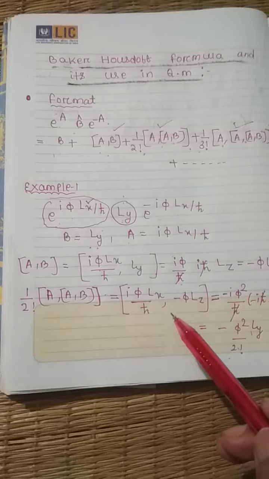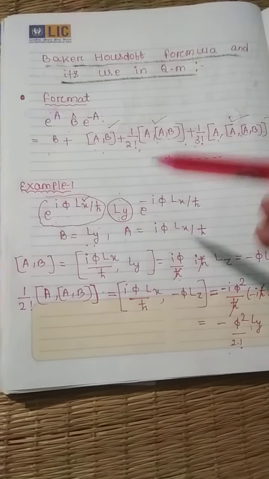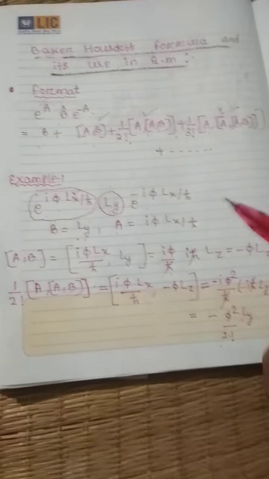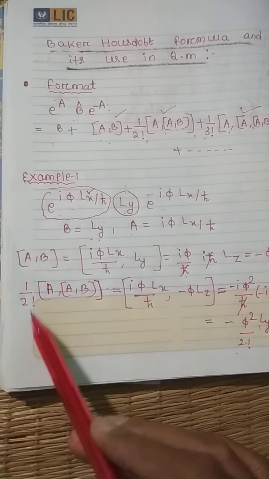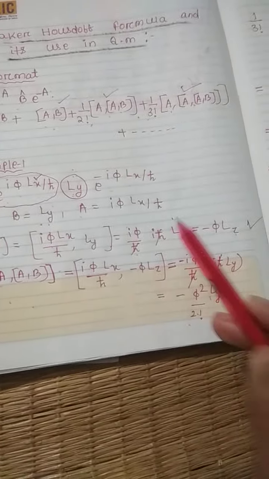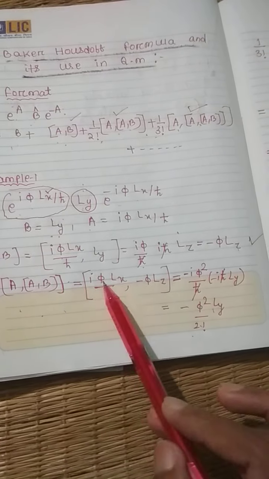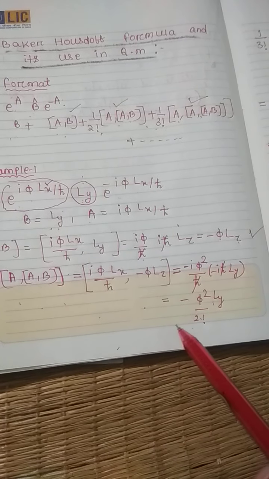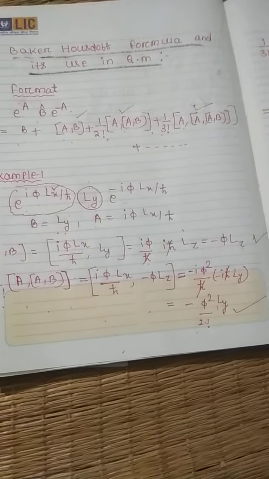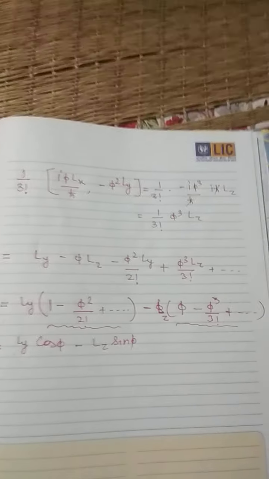Now, in the upcoming steps we have to take the commutator of A with the previous one. That means 1 upon 2 factorial is a factor, and the commutator of A with the previous one. So i phi Lx upon h cut with the previous one, minus phi Lz, will give minus phi square upon 2 factorial Ly. This is the commutator result.